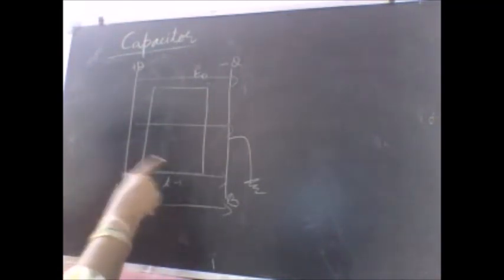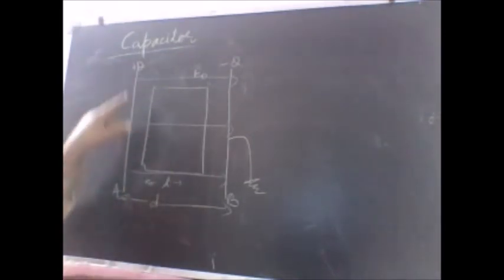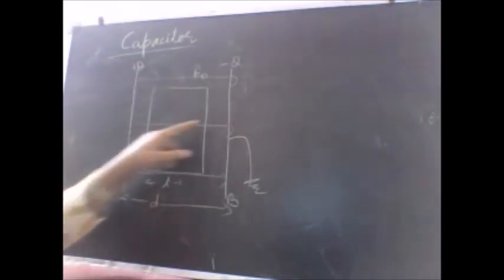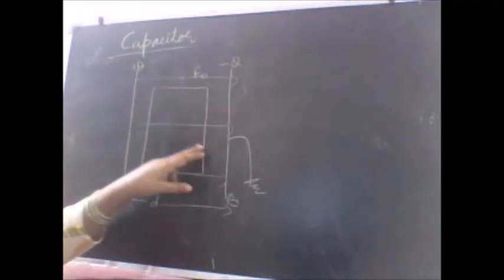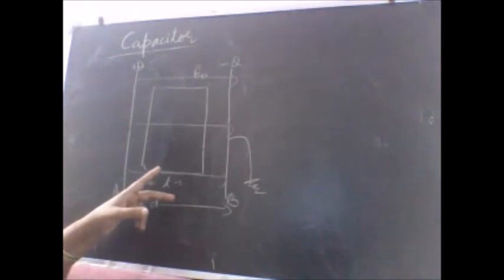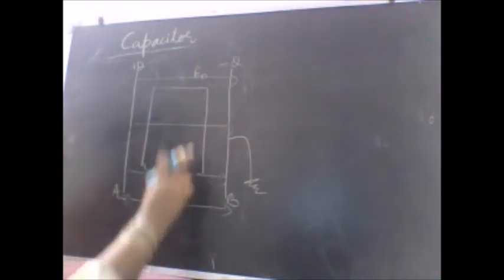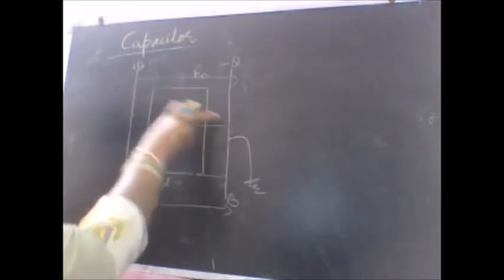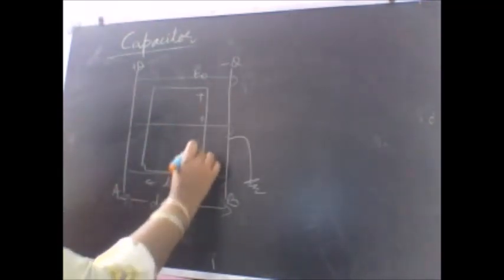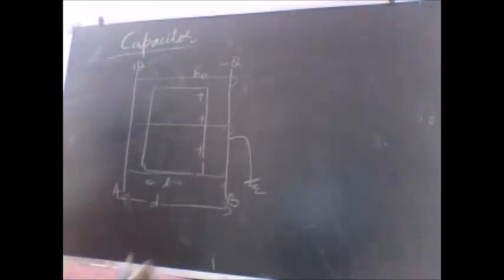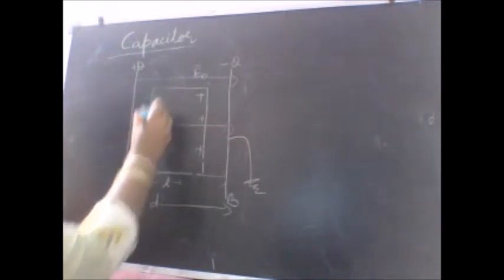Dielectric, since it is an insulating medium, all the charges are bound charges. In the presence of this external electric field, the charges are going to realign themselves. How? The positive charge will move in the direction of the electric field, this side. The charge will come here. And the negative charge will move in the direction opposite to the electric field, here.